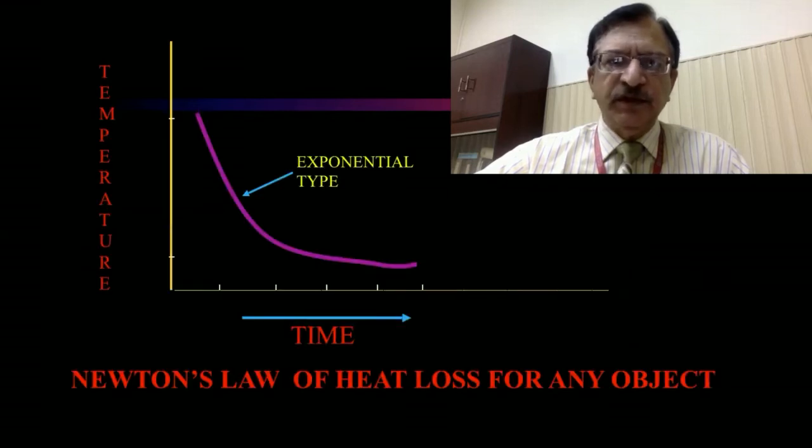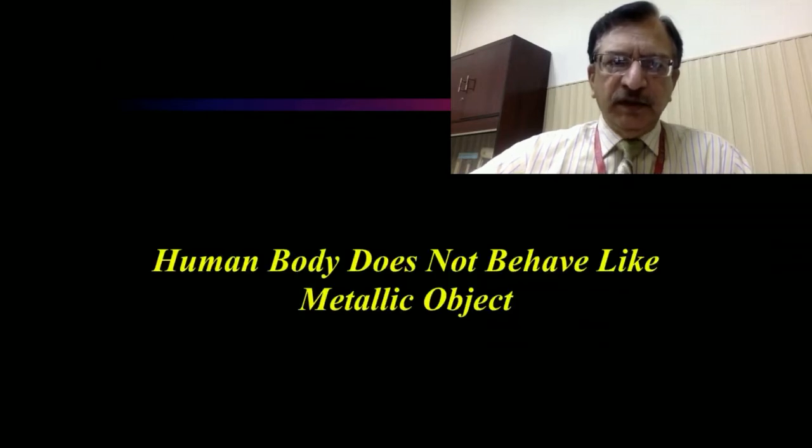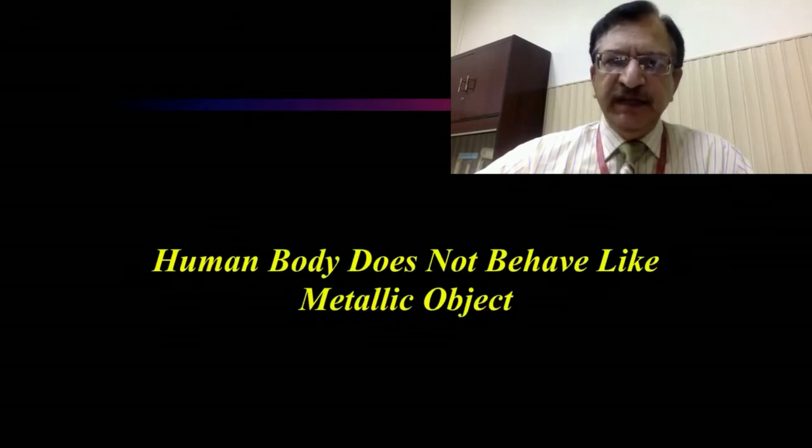This is how it appears. Initially for a few hours there is a rapid fall, and later on the fall is at a lesser rate. So it is important that the human body does not behave like a metallic object.